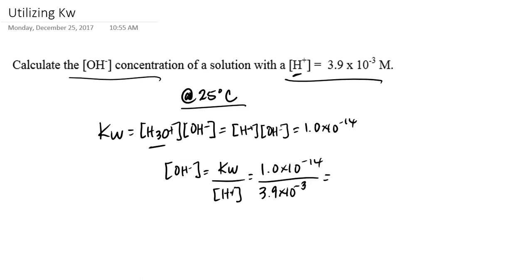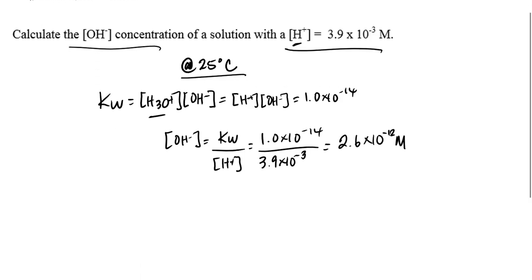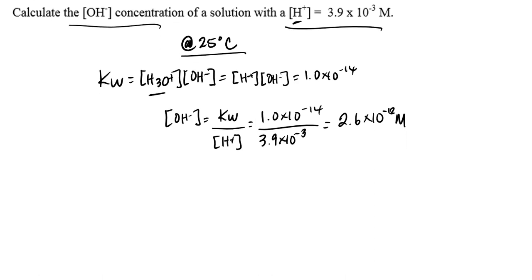And if I do that math, basically I get a hydroxide ion concentration of 2.6 times 10 to the negative 12th molar.